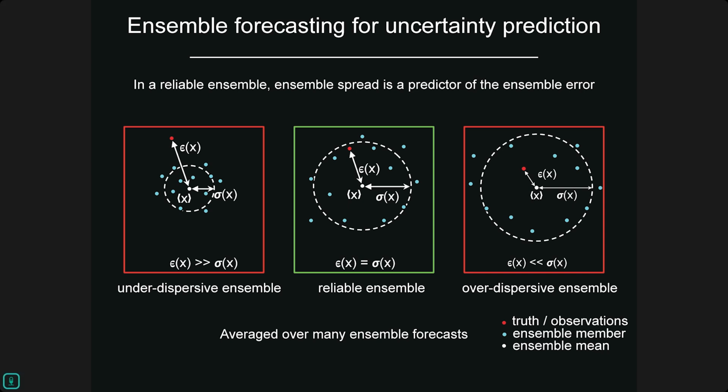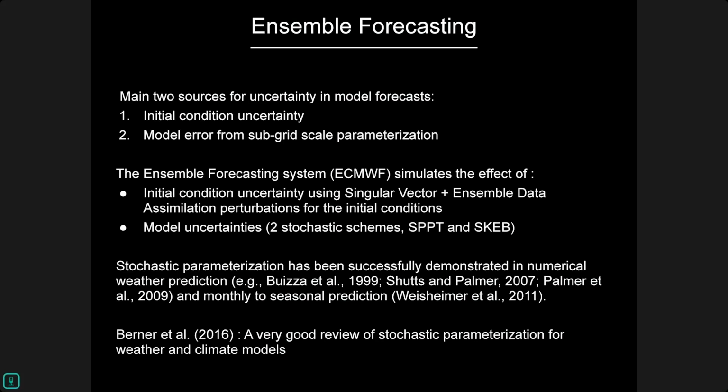Here, the error is small, but you don't know how accurate your ensemble is, because they're so far spread out that the ensemble spread is an overestimate of the error in the system. So both of these are bad. What we want is a reliable ensemble where your ensemble spread is an accurate representation of the error in your forecast.